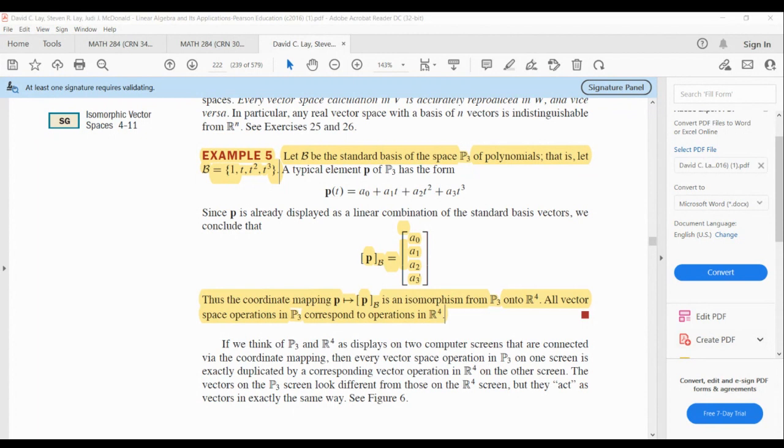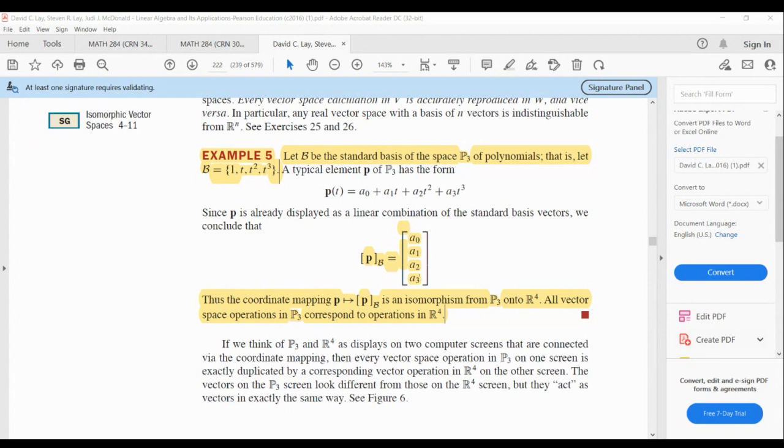So any third degree polynomial, you can match it with a coordinate in 4-dimensional space because you need 4 numbers to uniquely determine the polynomial. That's called an isomorphism if it's a 1-to-1 onto mapping. Okay, so that's another term that you're going to see in your homework.